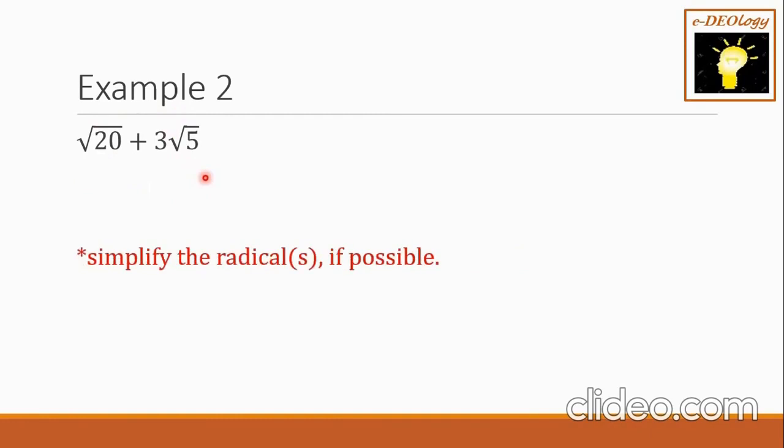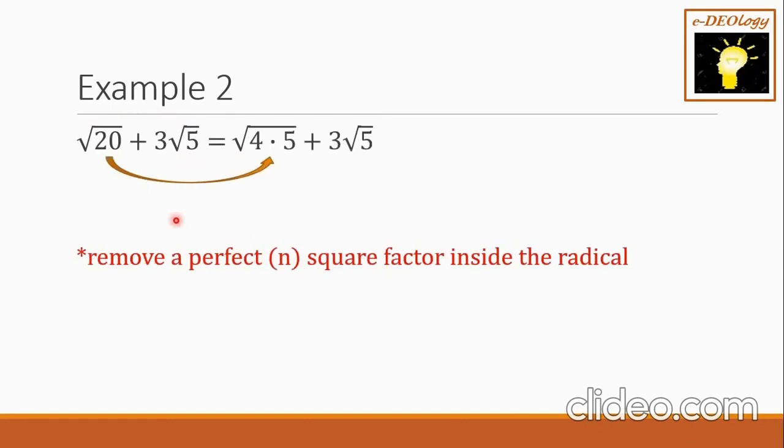What we will do is to simplify the radical if possible. It means in the first radical here, we're going to remove a perfect square factor. Then later on in the simplified form, we will check again if this square root of 20 becomes like with the other radical.